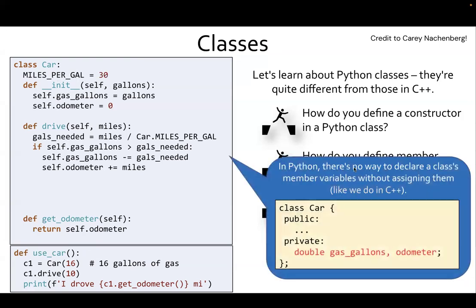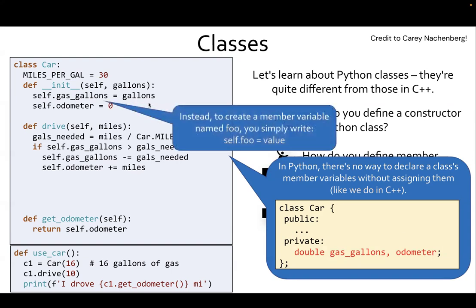And in Python, there is no way to declare a class's member variables without assigning them. So this block of code is an example in C++, where you can just declare the variables without assigning them. However, in Python, we have to assign it with some value.